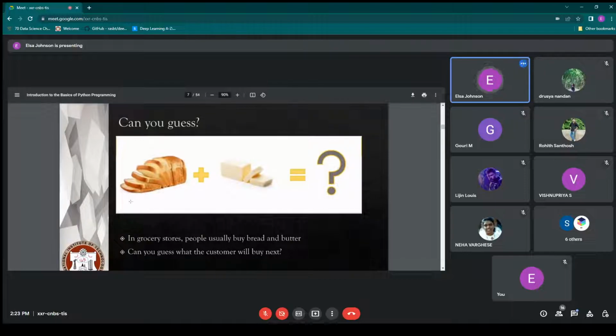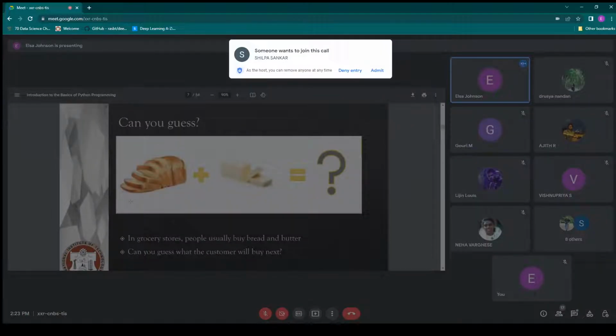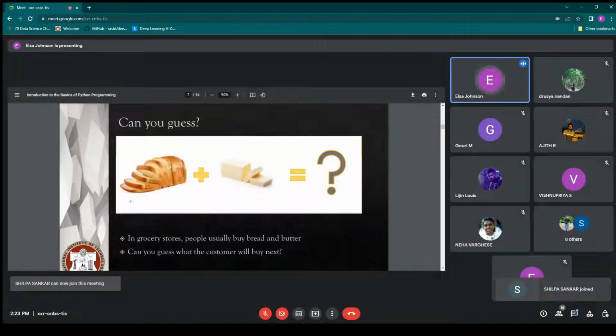So can you guess what the customer will buy next? I mean, these are two of the options. You'll need something else, right? So can you tell me what you'll be buying next? If people can answer in the chat window, that will be very good. Just put any of the options. Sometimes you might have to buy milk.